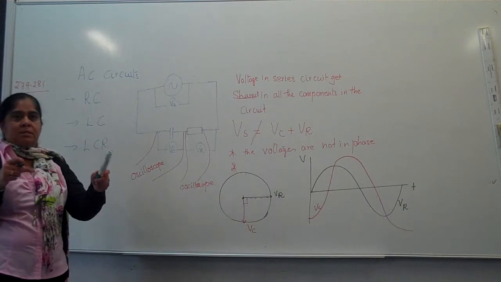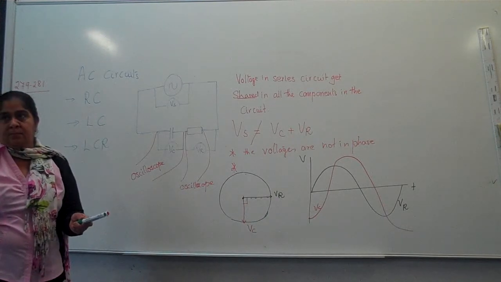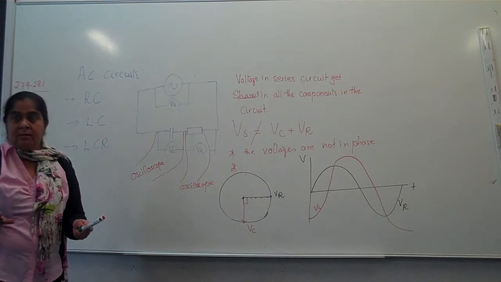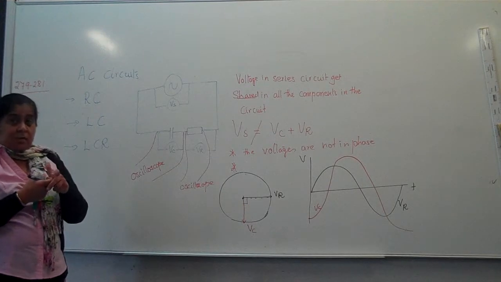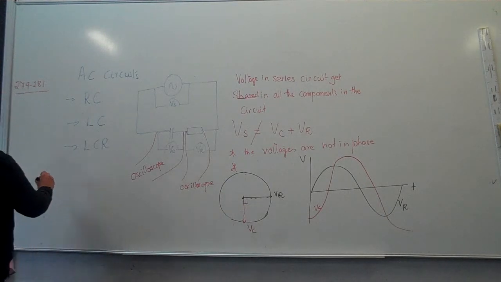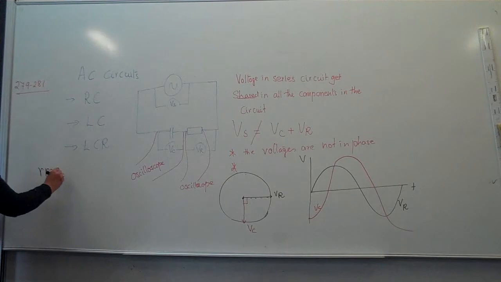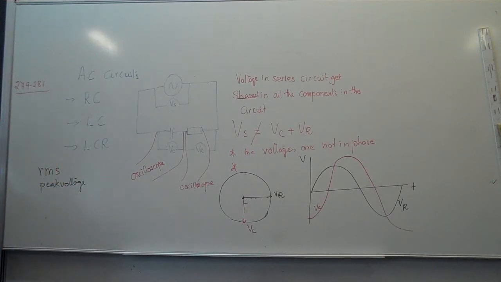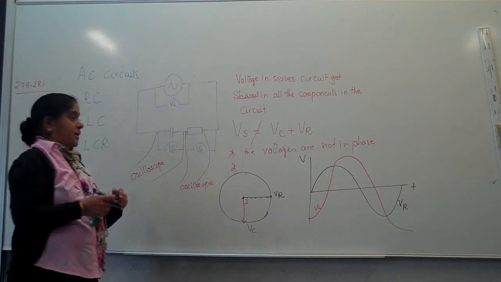In AC, I think you have covered this yesterday, RMS and peak voltages. Have you come across this yesterday? The meters are not reading the peak voltages, but they are reading the RMS values. That is another reason they do not add up.